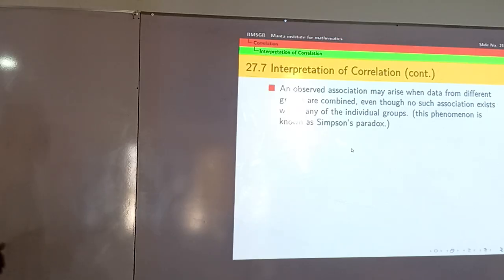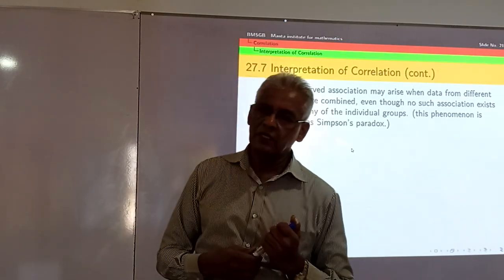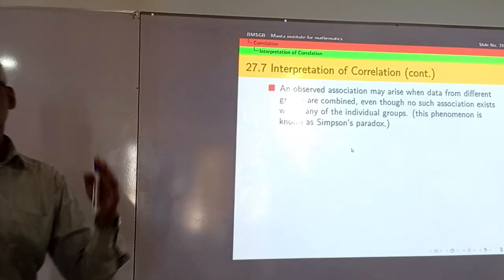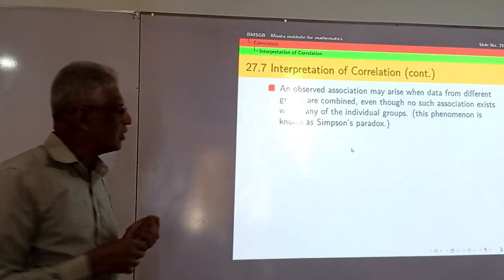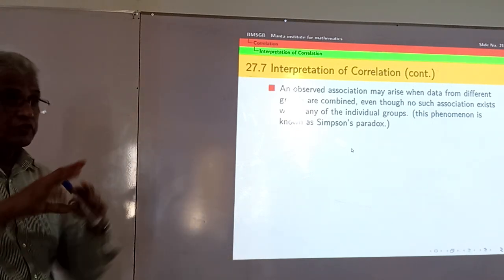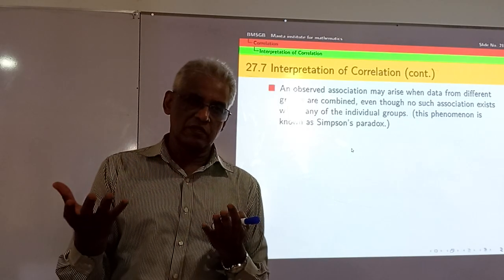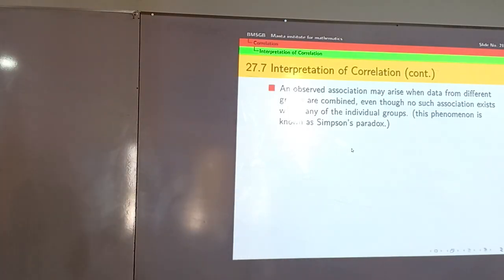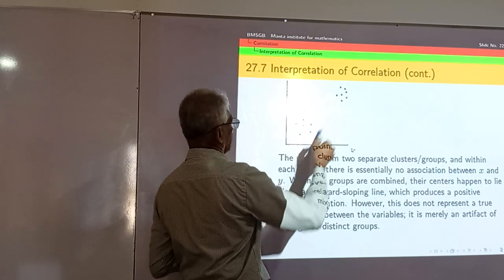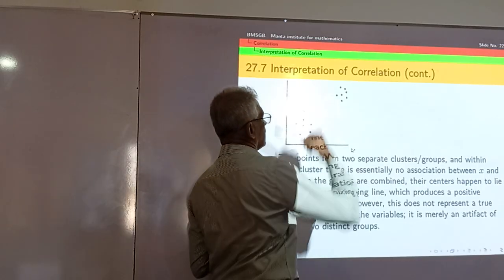And also sometimes if you plot x and y of two separate groups in the same graph, and then calculate correlation, you will see there is a high correlation, even though within each group there is no association between x and y. Suppose this is the x and y scatter for one group, and there is the scatter for the other.